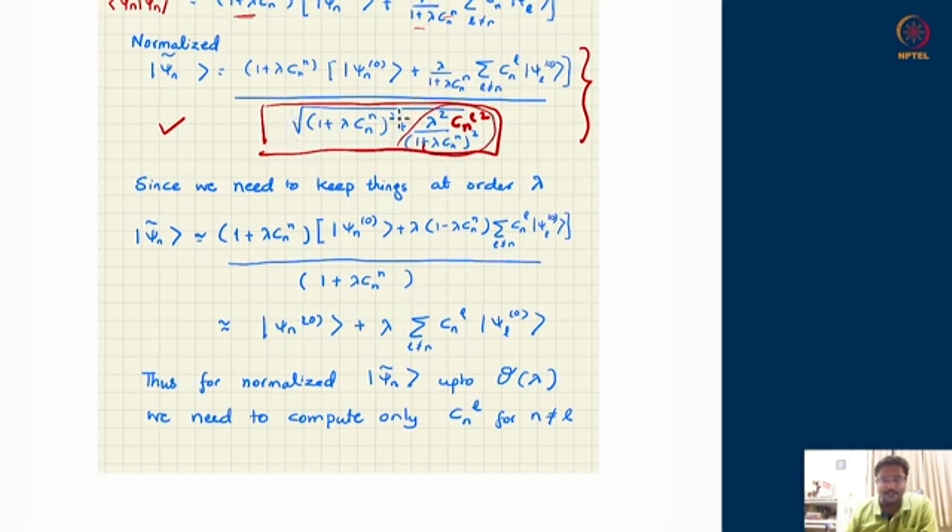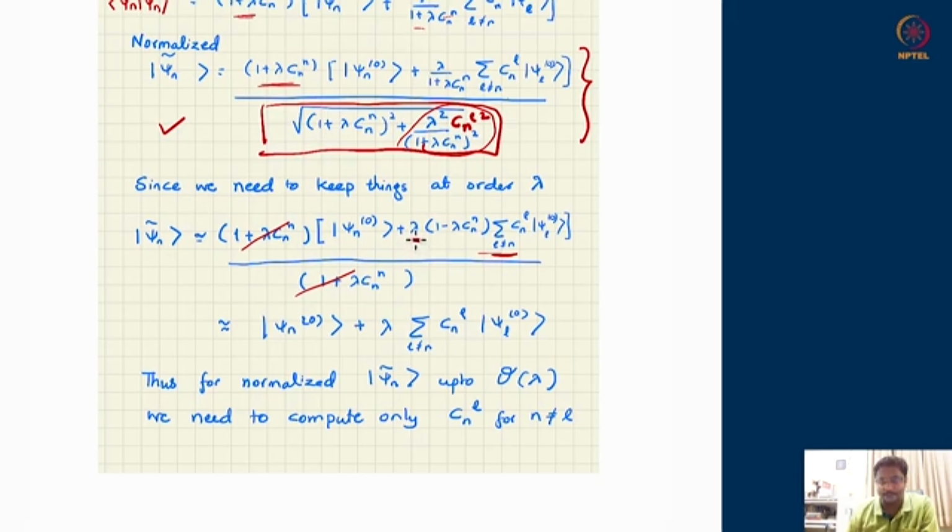Then the square root quantity in the denominator becomes a square root of a perfect square, which will just yield you 1 plus lambda CNN. Now you see, if you do this correction carefully, this 1 plus lambda CNN, which was outside as a common factor, kills the denominator, and you are left with this series inside, where the summation now does not include L equal to N. And again, I would throw order lambda square terms away.